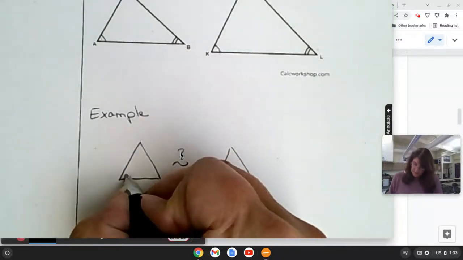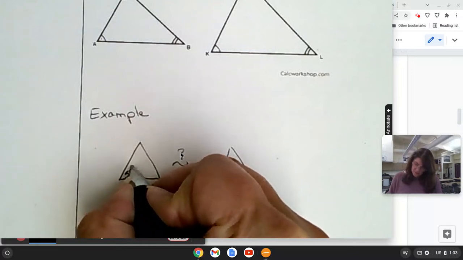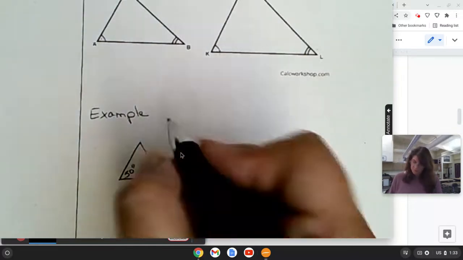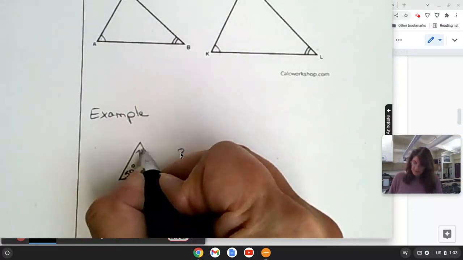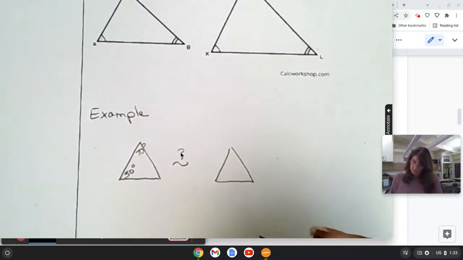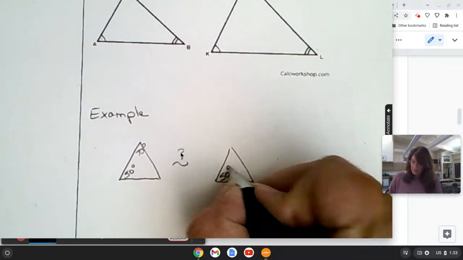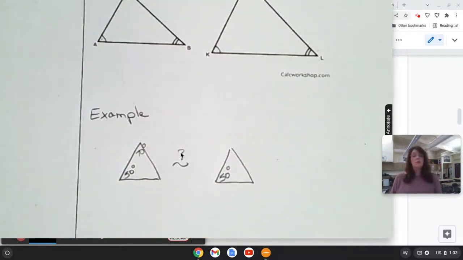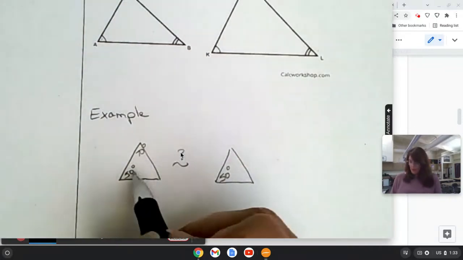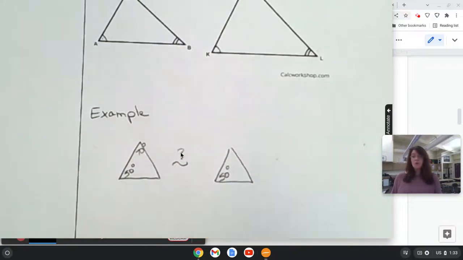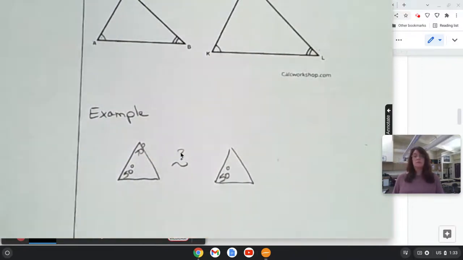Well, if this is 50 degrees and this is 70 degrees, and this is 50 degrees, what would I have to know to prove these are similar?